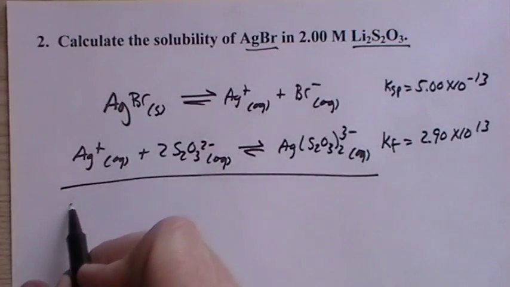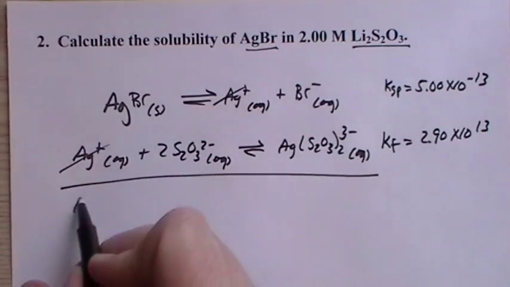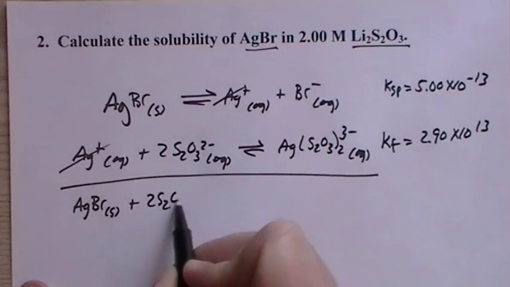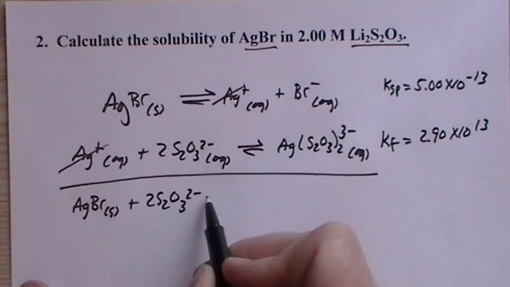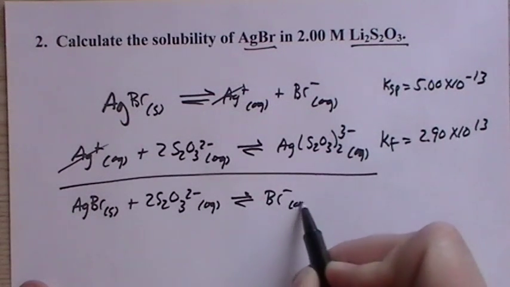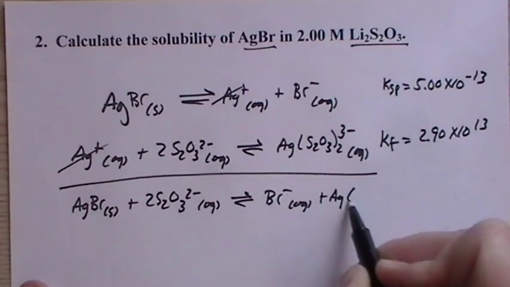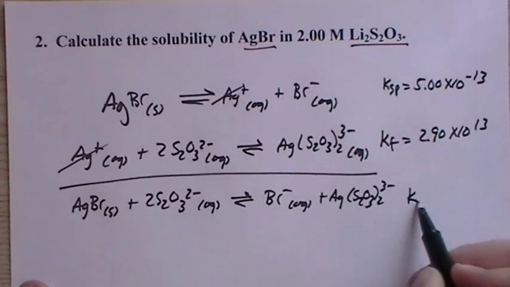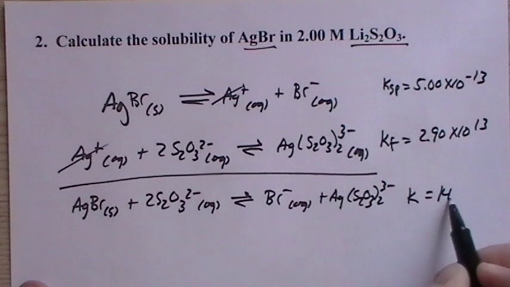If you add these up, then the silvers cancel, and we have AgBr plus 2 S2O3 2 minus goes to Br minus plus the silver thiosulfate complex, and the K here is going to be 14.5.